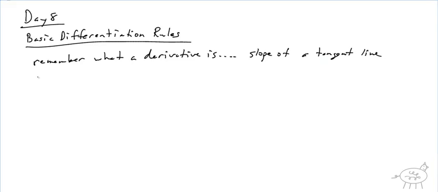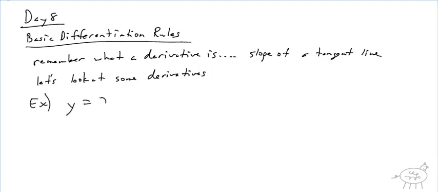Okay, so let's look at some derivatives. Well, we have done a lot of those using limits, right? But just kind of understand the basic concept here. How about y equals 2? What is the derivative of y equals 2?